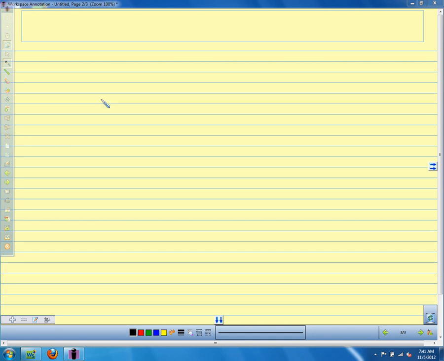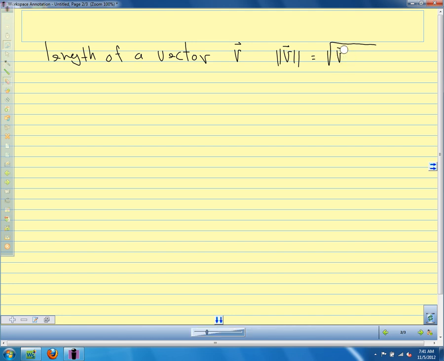All right, we'll talk about the length of a vector quickly. If we have a vector v, we write the length as the norm of v, and our length is just the square root of the sum of the components squared.